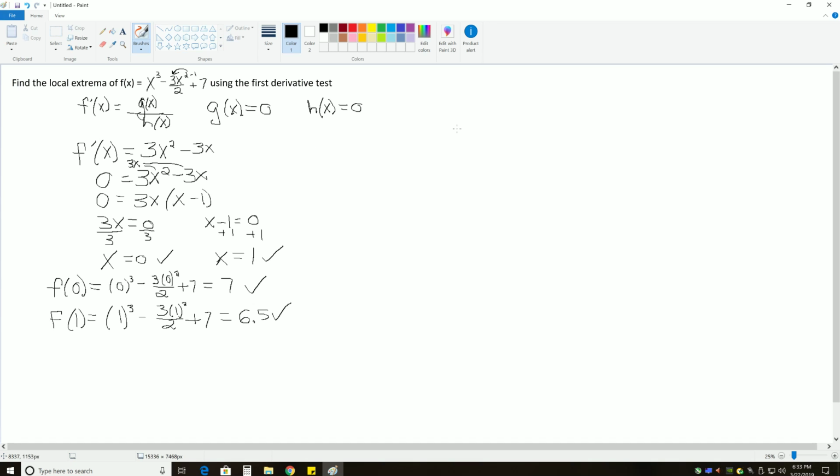So remember, with the first derivative test, the first thing that you want to do once you've found your critical numbers is to make a table. We're going to list our x value and our derivative function, f prime of x. And we're testing the values around 0 and 1. So to test a number to the left of 0, we're going to test -1.